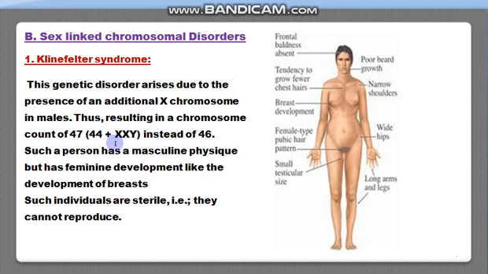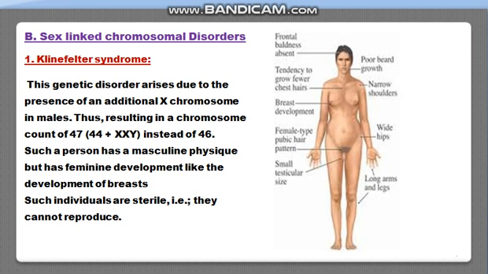That is, 44 autosomes plus XX plus Y. XY is the normal sex chromosome pair in males, but there is an additional copy of X, so the total count becomes 47.